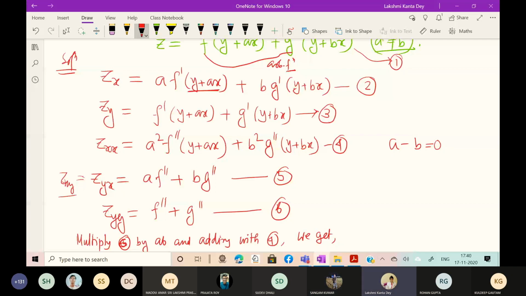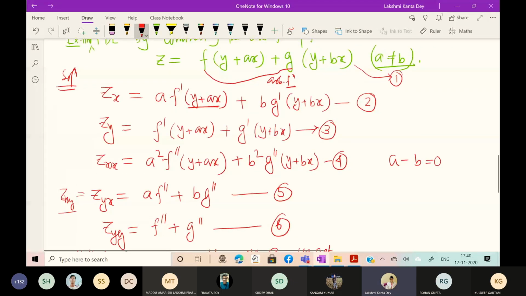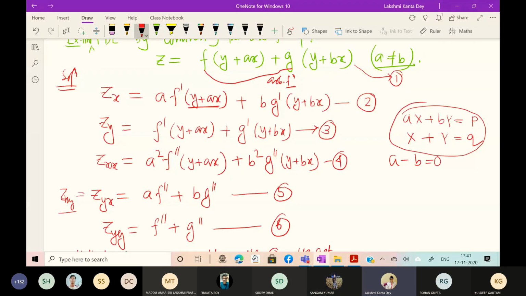But in that case, what I see is something like A capital X plus B capital Y is equal to some P, and this is only capital X plus capital Y is equal to this Q. From here you want to eliminate for X and Y.